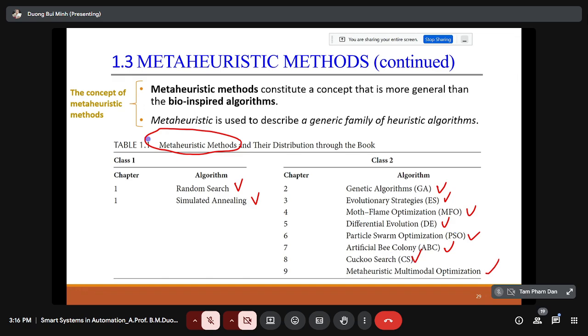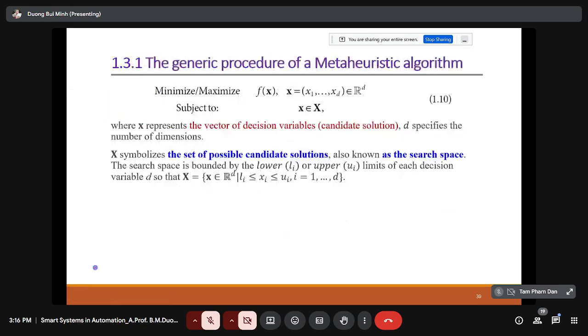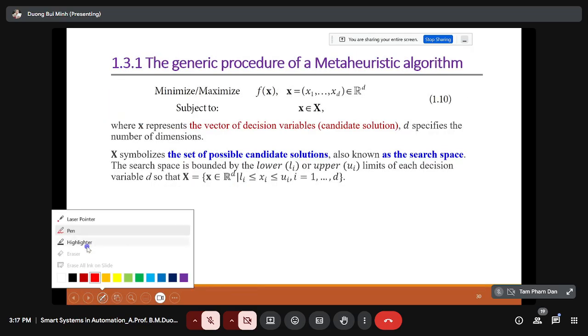Now we are in chapter 1. Meta-heuristics is used to describe the general family of heuristic algorithms, because we have many heuristic rules corresponding to different methods.